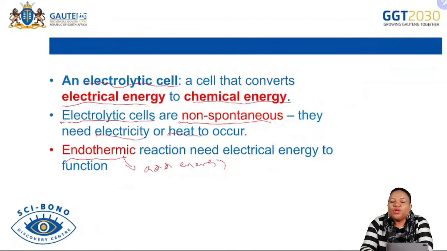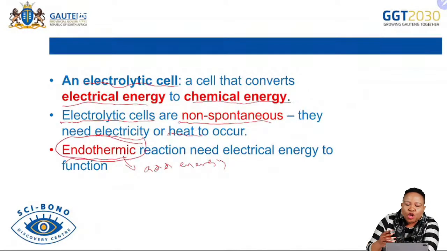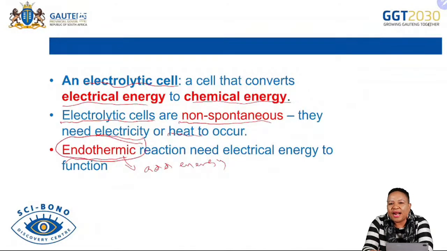So you need to know that they convert electrical energy to chemical energy, they are non-spontaneous reactions, and they are endothermic reactions. This is how we can describe, or try to understand, electrolytic cells.